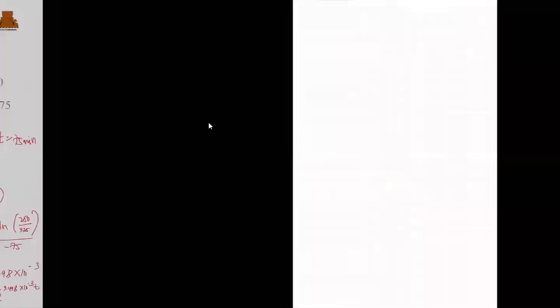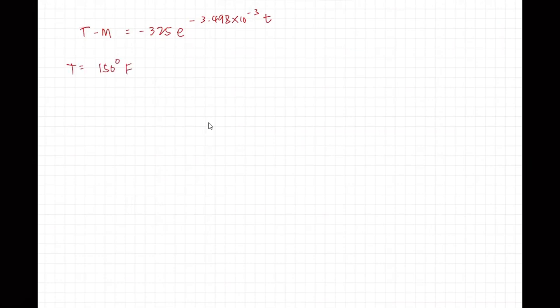So, given yung last natin, equation number 3, T minus M is equals to negative 325 e negative 3.498 times 10 to the negative 3 T. So, ang pinapahanap sa atin ngayon, kailan magiging 150 degrees Fahrenheit yung turkey natin.